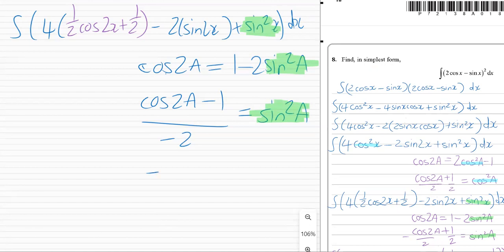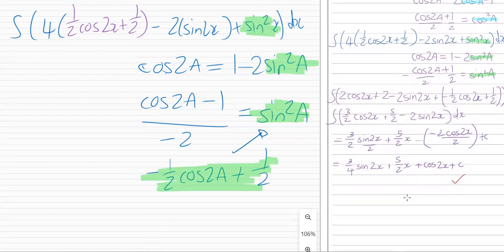So it'll be -1/2 cos 2a, and a negative and a negative is positive, +1/2. So this is what we're replacing. This whole thing is exactly the same as that. So nearly there.